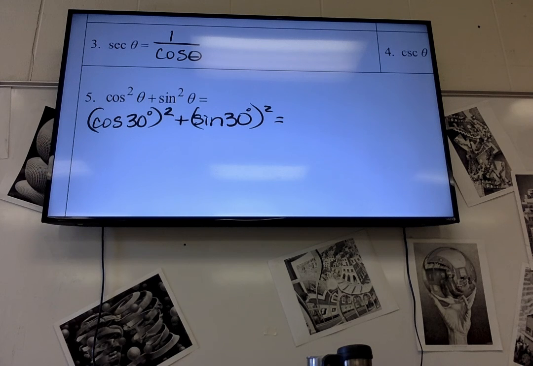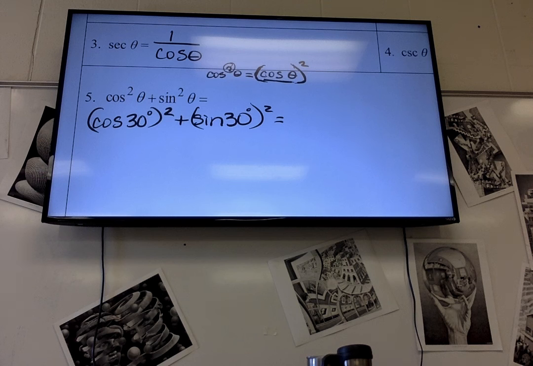So if you have that squared, it means the same thing as cosine of the angle, squared. It's just that mathematicians are lazy, and writing these parentheses is 2 more things that we don't want to have to write. So if we put the squared here, then I don't have to put parentheses around it. What it means is you take the cosine first and then you square it.